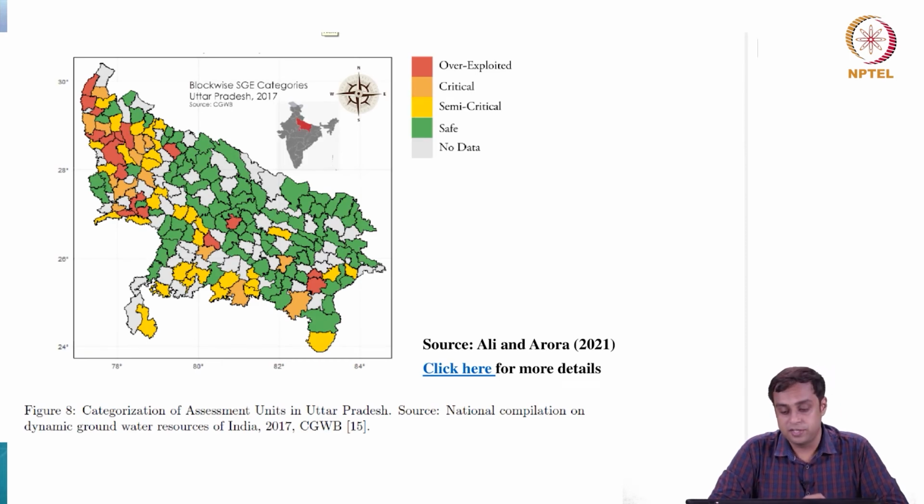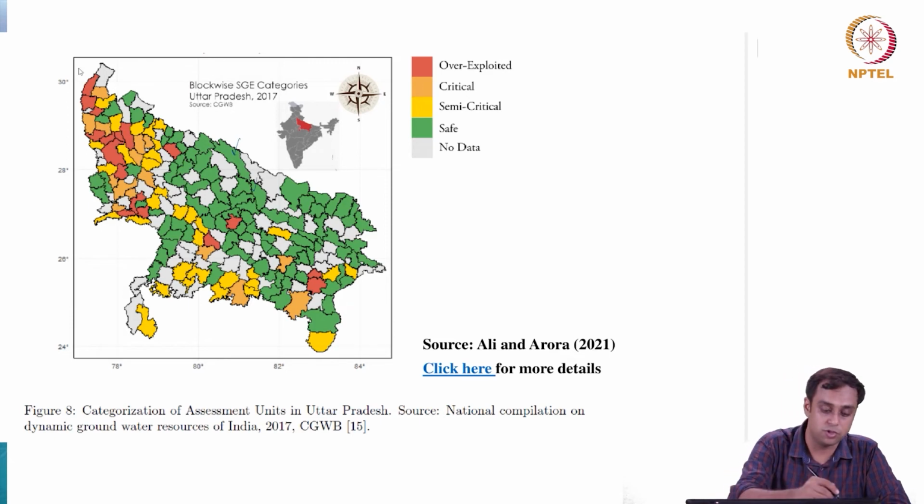I talked about administrative boundaries. So here is a block level assessment of Uttar Pradesh, again in terms of groundwater levels. The greens are regions which are safe in terms of groundwater depletion. The yellows are in a somewhat worse situation, they are semi-critical. The oranges are in trouble, and the reds are overexploited.